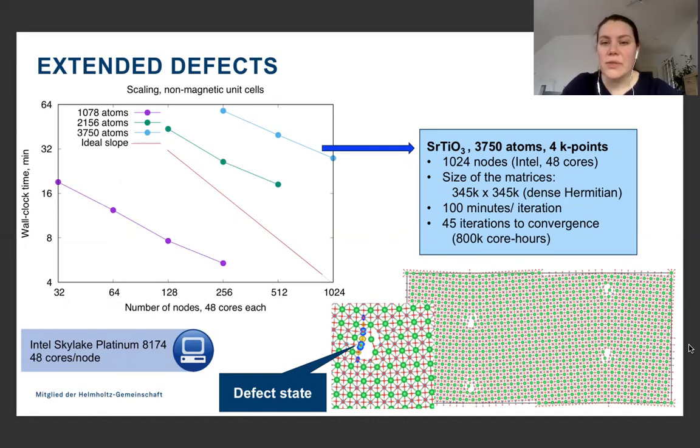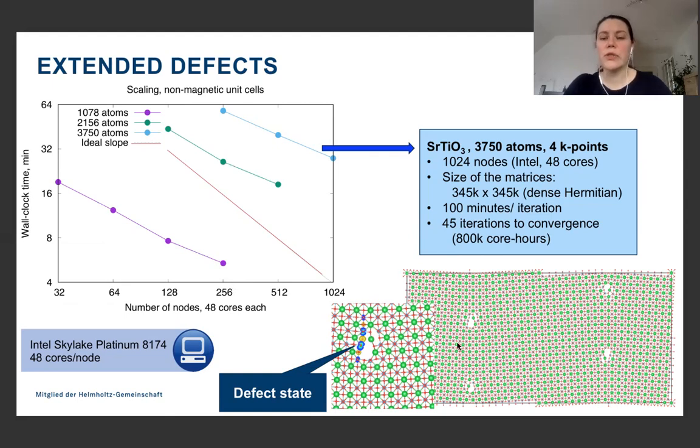The size of the matrix, the length of the matrix, is 345,000 elements. And this is the reason why the scaling starts here at 256 nodes. Because it's not possible to squeeze the system into smaller amounts of nodes.